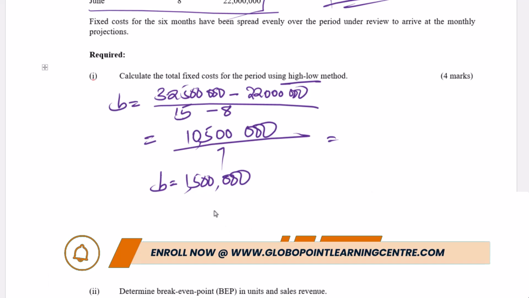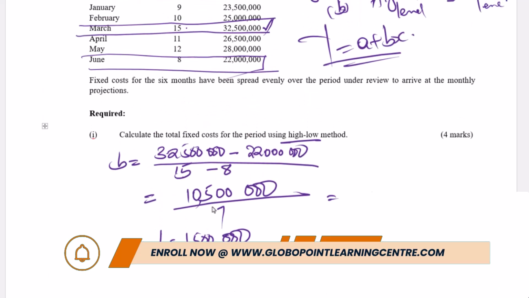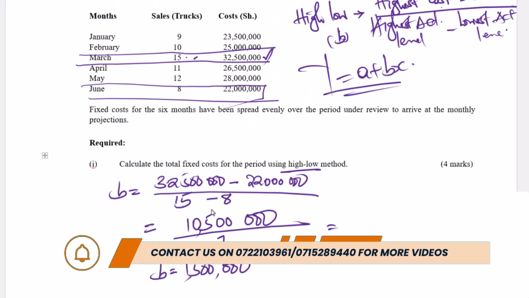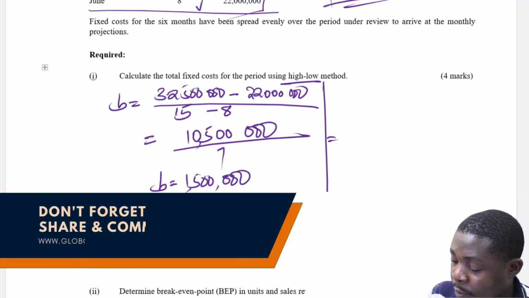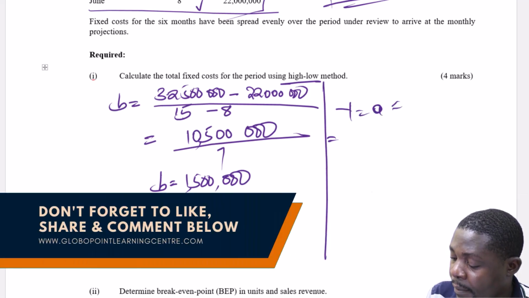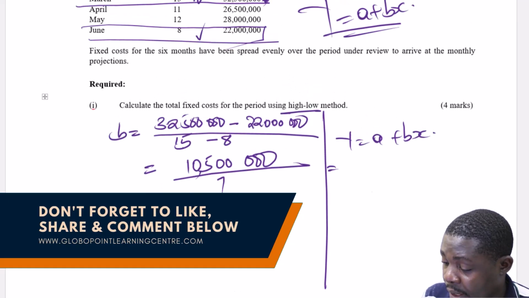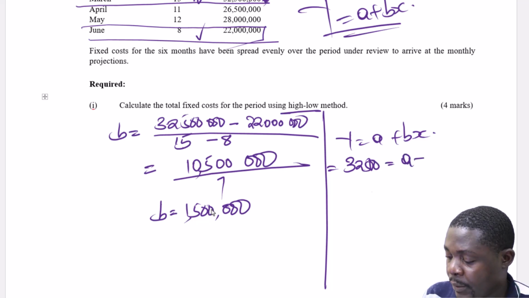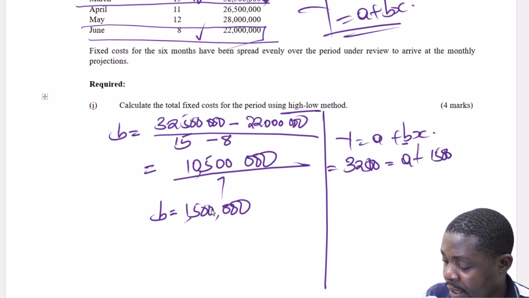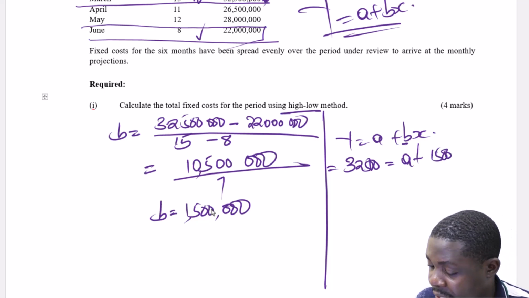Now we can insert this in our equation. You can pick one. Can I take this one or this one? Let me use the month of March. We can write y is equal to a plus bx. Now we are assuming that our y is going to be 32,500 is equal to a plus b. We have gotten 1,500. We just try and get 3 zeros.